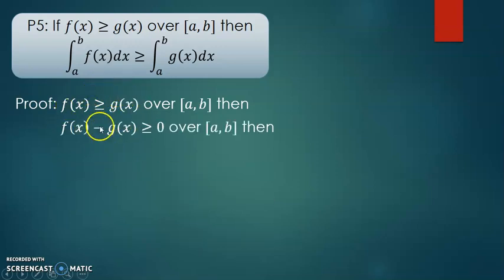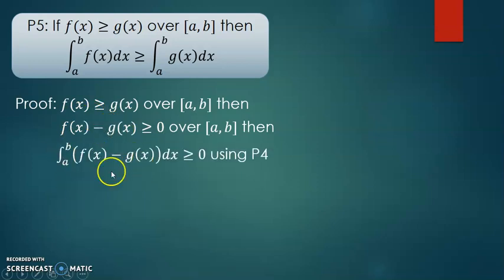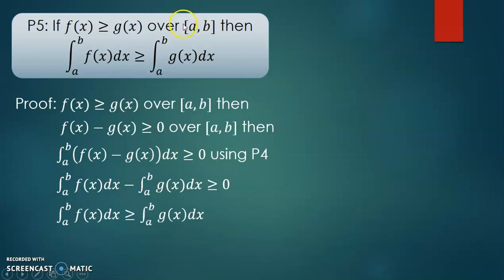You will get f of x minus g of x is greater than or equal to 0. Using the previous property, since this is greater than or equal to 0, then its integral is also greater than or equal to 0 over the interval ab. Now you can split this integral using linearity and take this to the other side, so you'll get the property.